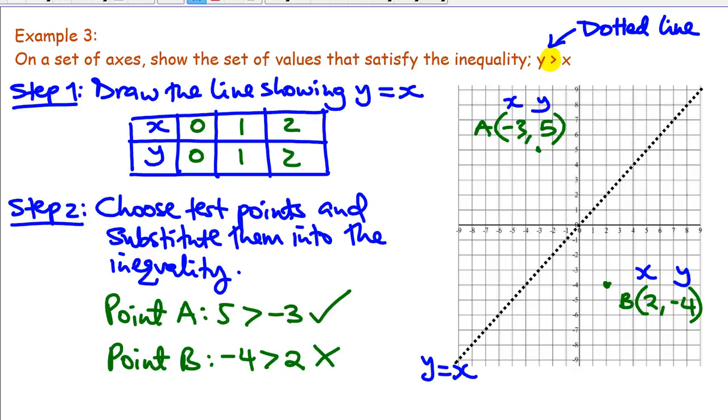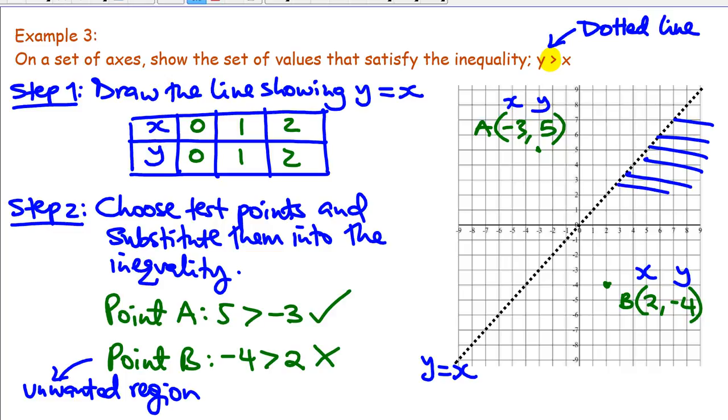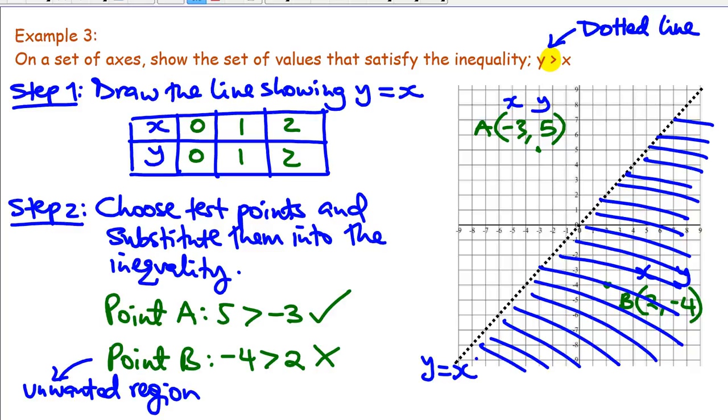So this means that point B is in the unwanted region. Okay, so what we are going to do is shade this region where we have point B, because this is the unwanted region, to end up with the required region where point A is.